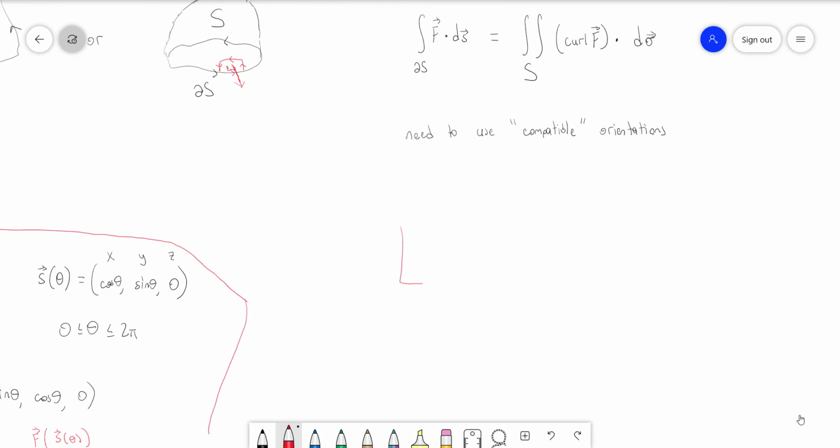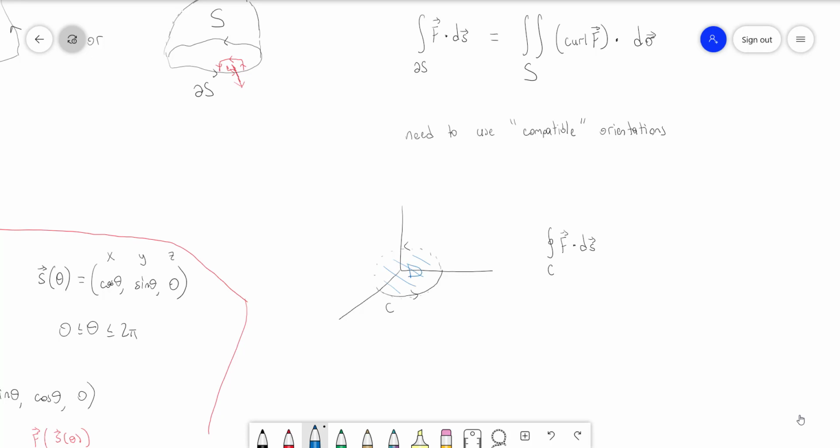let's see how we can apply Stokes' theorem to the problem that we have. So we have the unit circle in the xy plane as our curve, and we're doing the line integral of some vector field f along this curve. Okay. So this unit circle, we can view it as being the boundary of this unit disk in the xy plane.